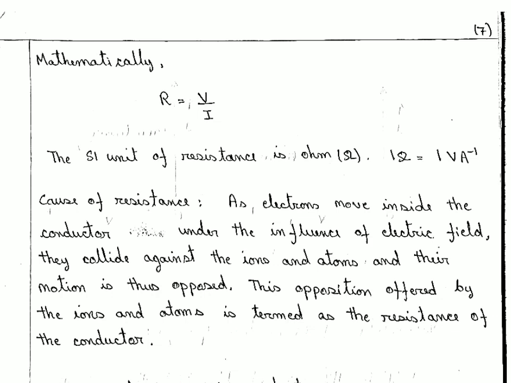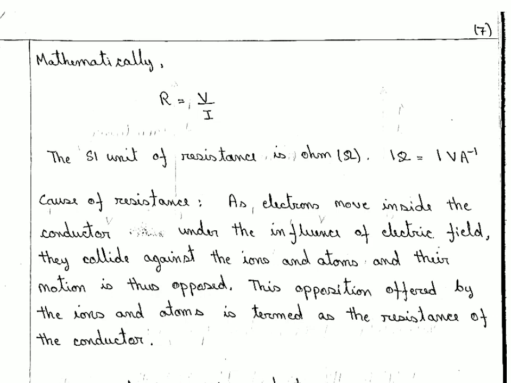Now this opposition offered by the positive ions and atoms in the conductor to the flow of electrons is termed the resistance of the conductor. So here the resistance is due to the positive ions and atoms inside the conductor, which oppose the flow of the electrons.